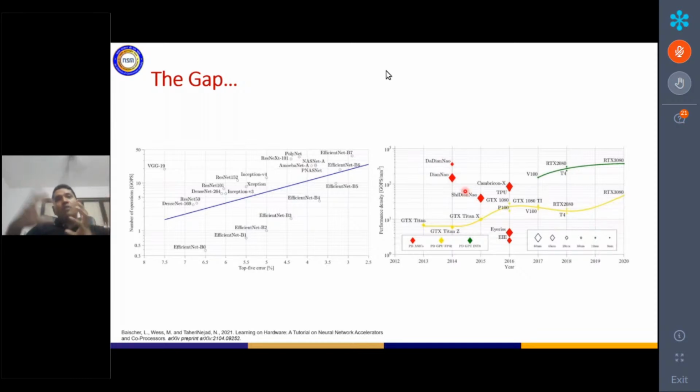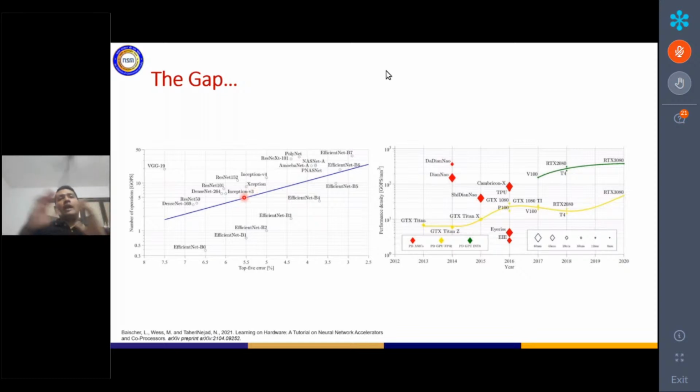So now, how can we bridge this gap? We want to accelerate AI, that means the benchmarks that we talked about. Like all these different benchmarks that we have seen, a few of these we will see in detail in the coming classes, because we need to implement them for a particular target device.